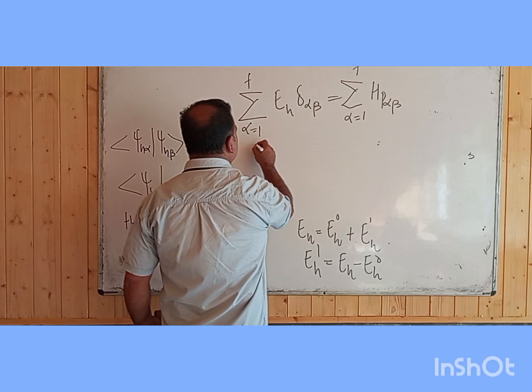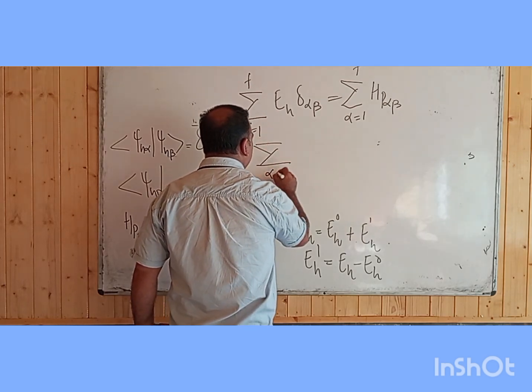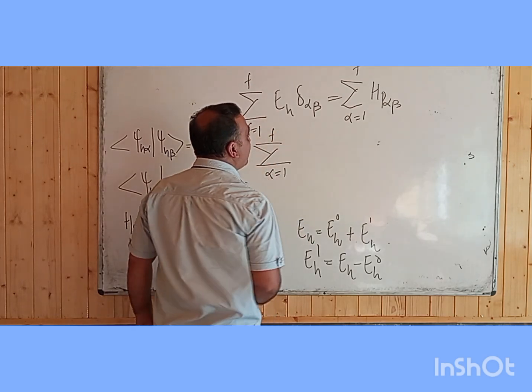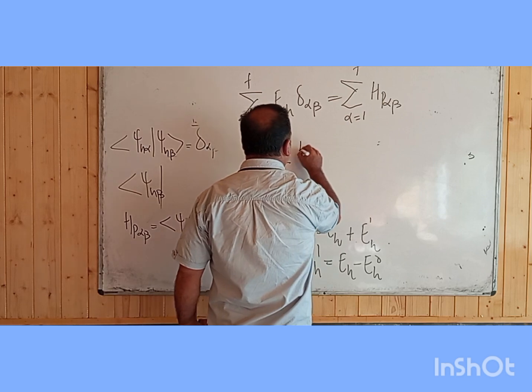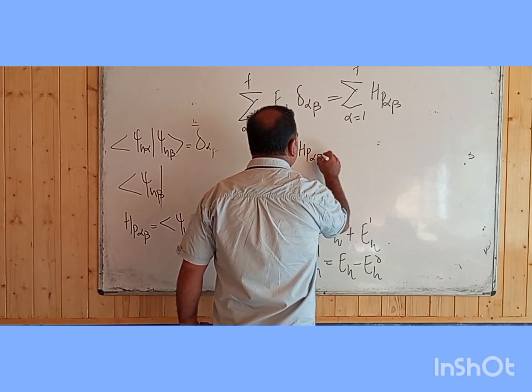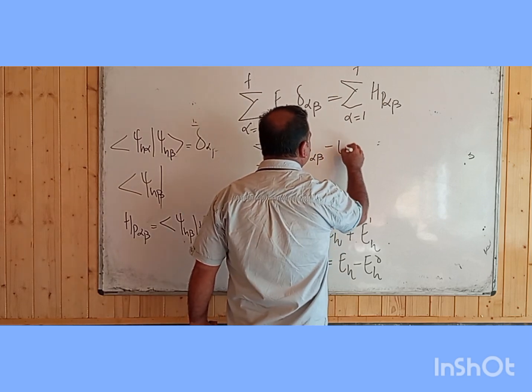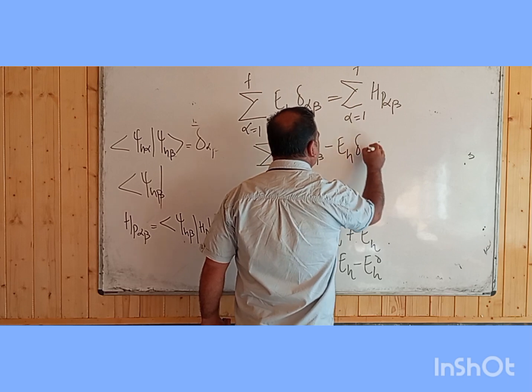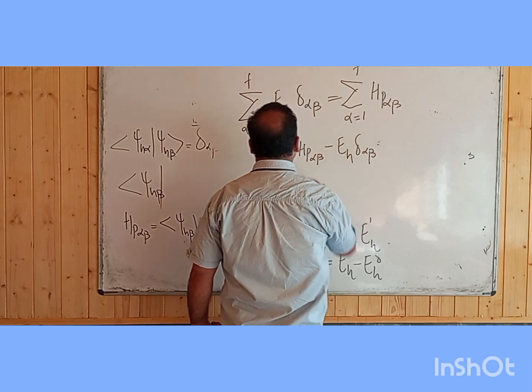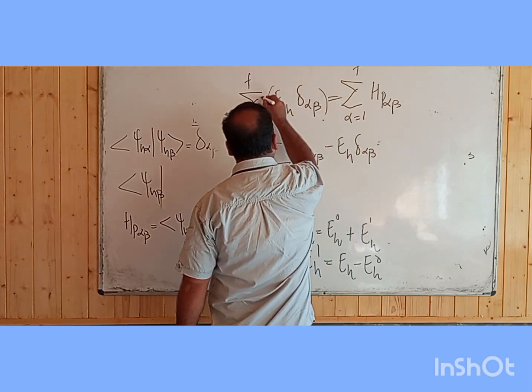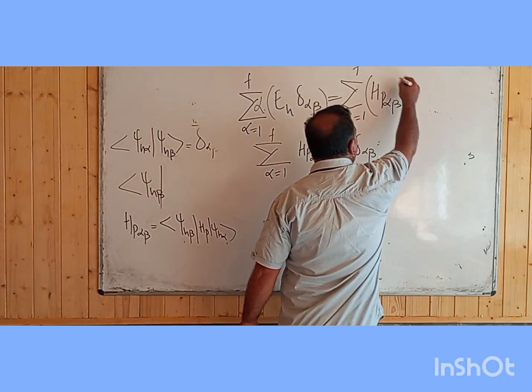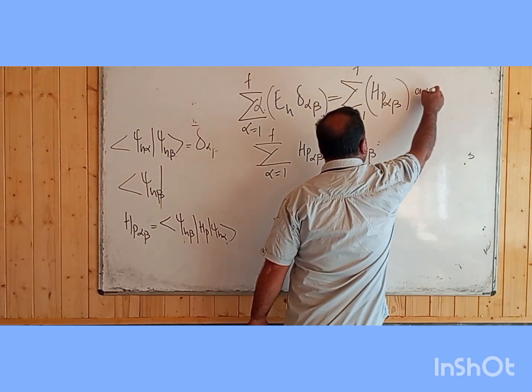I can write sigma for both as alpha runs from 1 to f, and then I will have HP alpha beta minus En1 delta alpha beta. I forgot to write down A alpha; you will correct that yourself and put A alpha with it.